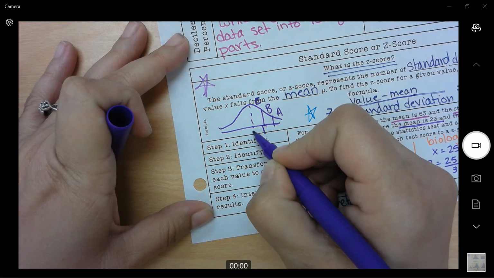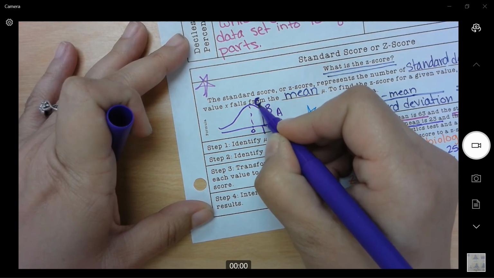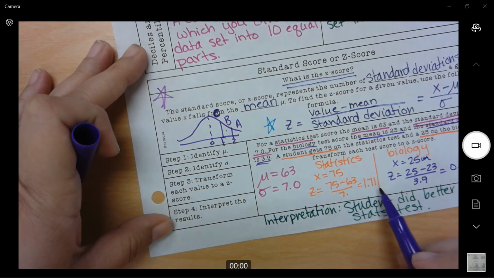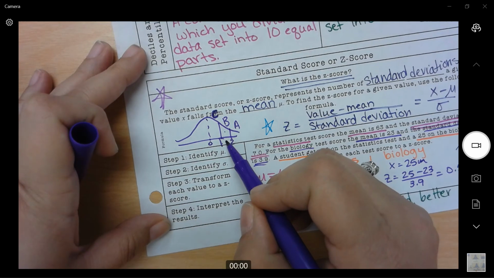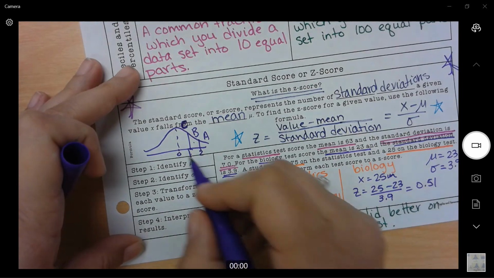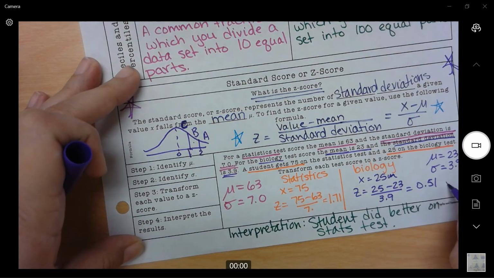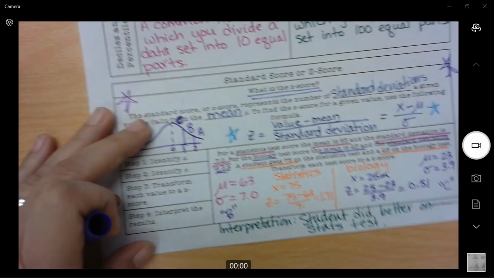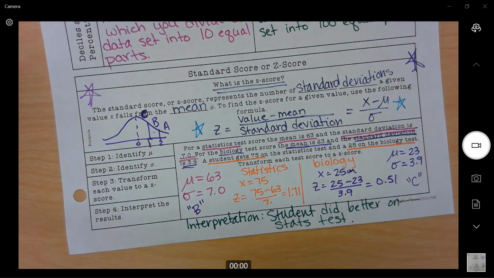Between 0 and 1 is a C grade. Between 1 and 2 is a B grade. So they made a 1.71. So they got a B on their statistics test, but for their biology test, they got a C. So this would have been like a C grade, and this would have been like a B grade. If that helps you to understand how you're comparing them, that should help.